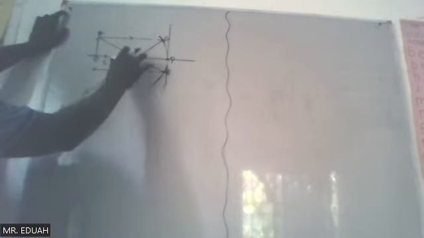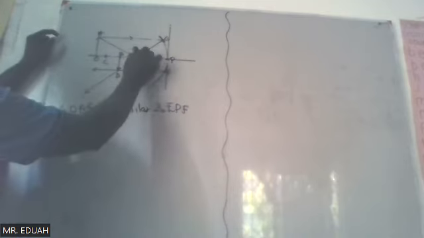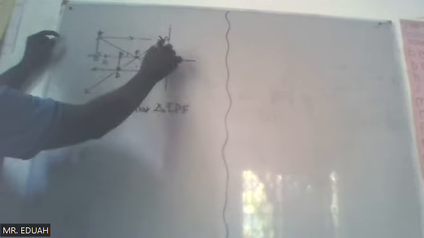So triangle OAF is similar to triangle EPF. And when triangles are similar, they have the same interior angles. This is equal to this. This is 90, this is also 90, as this side is a straight line.